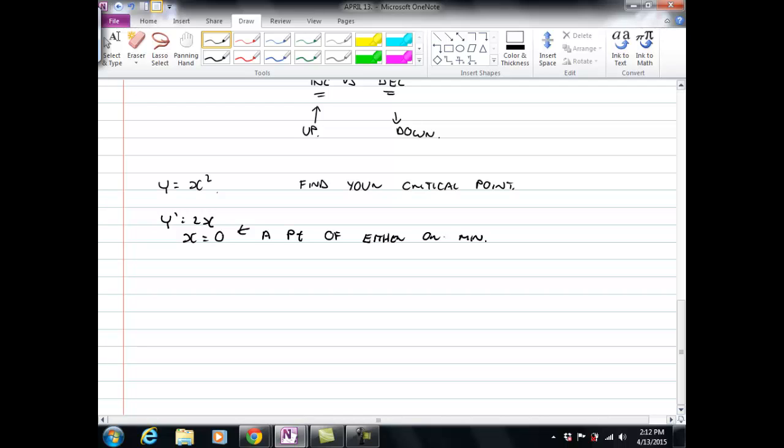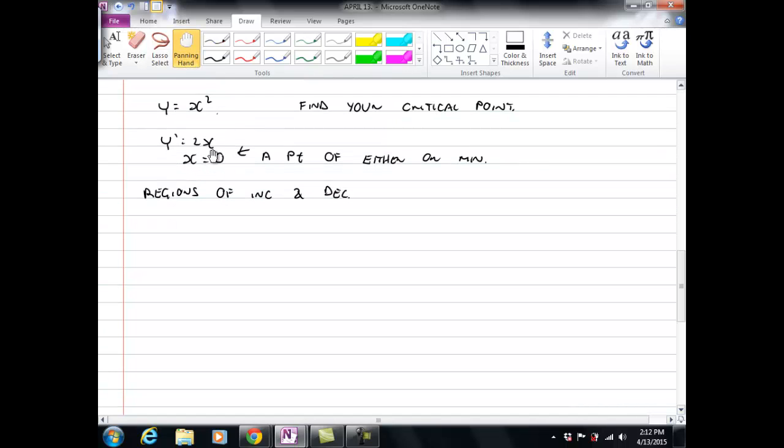So here's what we're going to do. We're going to find my regions of increase versus decrease. Here's how you're going to find the regions. A graph is increasing if f prime of x is greater than 0.